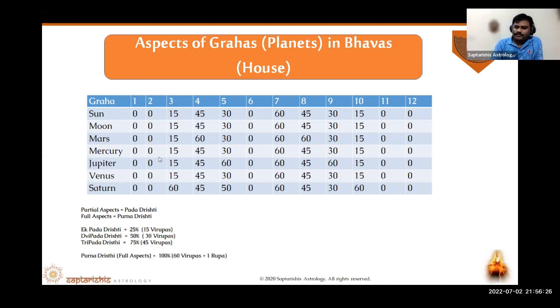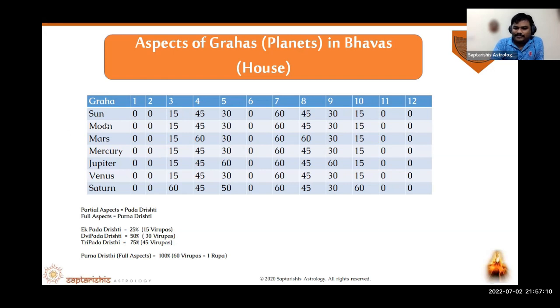No. Let's say the Sun is placed in the fourth house from Saturn. Now the Sun has 15 Virupas on Saturn. 15 means only 25% again. Sun is placed in the fourth house, and creating the 10th aspect on Saturn. So the 10th aspect means 15 Virupas.